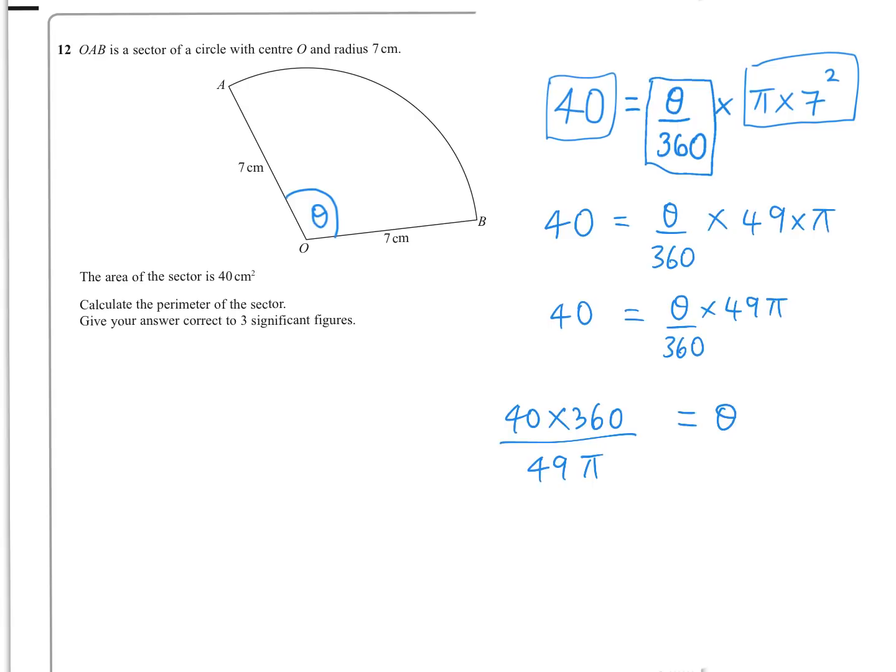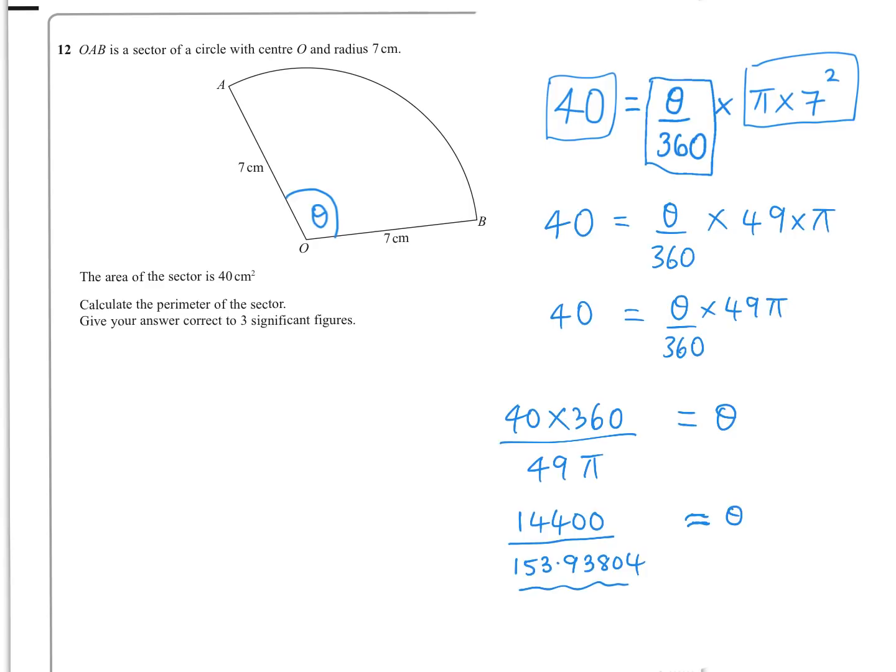So I've got 40 times 360. I'm going to write out every step because it's good practice if you're not confident to do the top part first and then do the bottom part separate. So 49 times pi, and on my calculator it says this. That would be approximately, because I've approximated this.